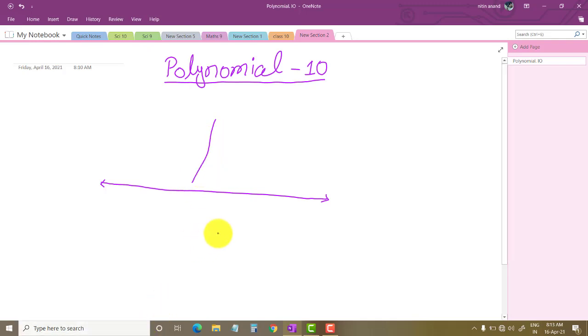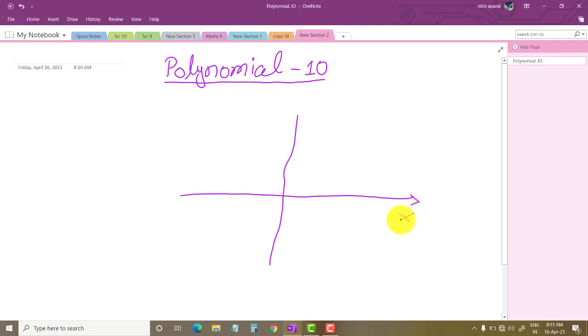This is the positive side of x, and this is the negative side of x, that means x dash. This is y, and here is y dash.